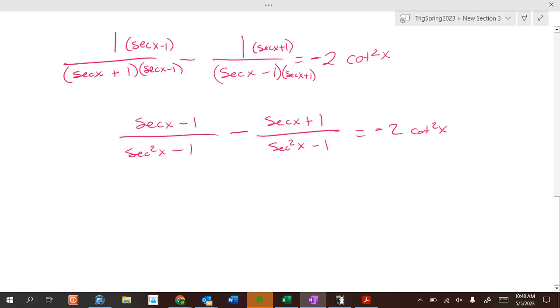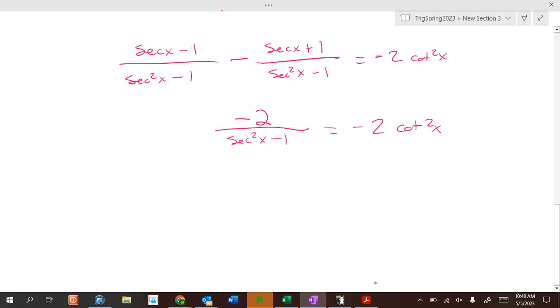So, what is secant of x minus secant of x? 0. What's negative 1 minus 1? Negative 2 over secant squared of x minus 1. What's secant squared of x minus 1 equal to? Cotangent squared of x. No, it isn't.